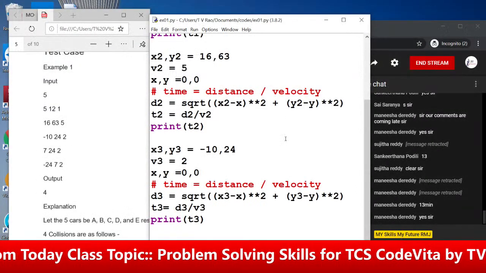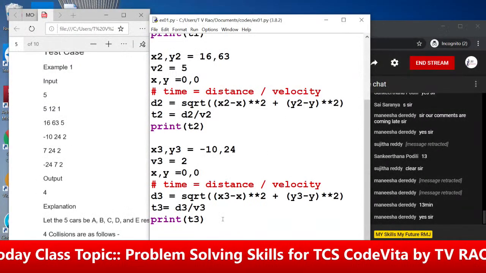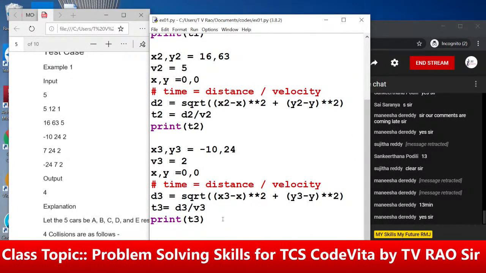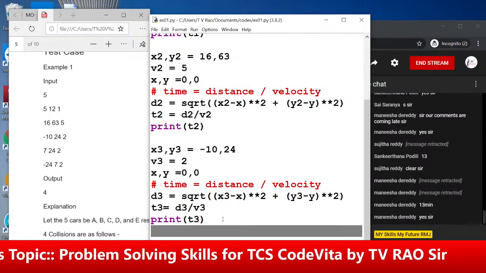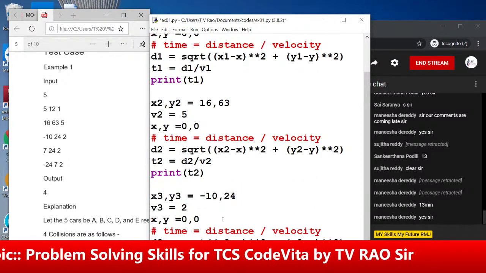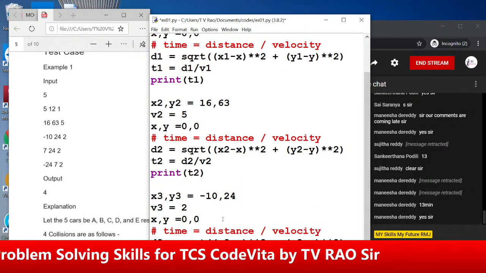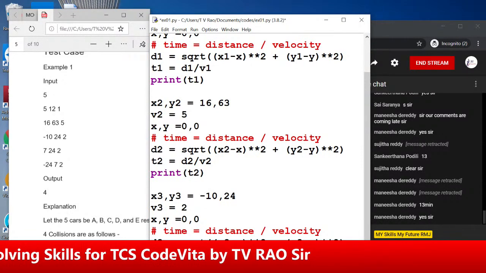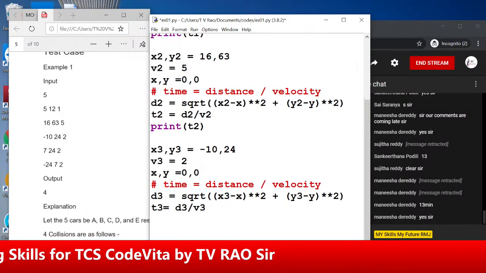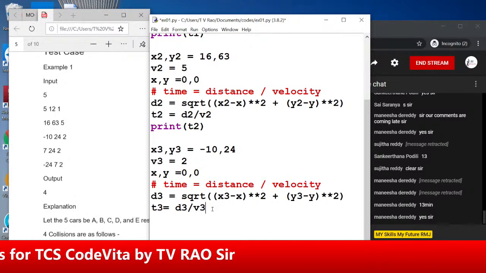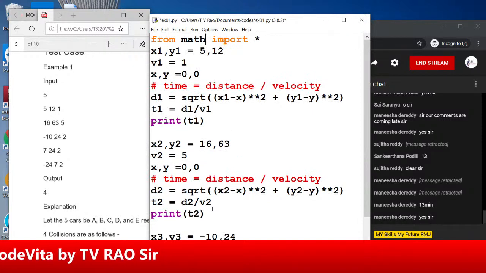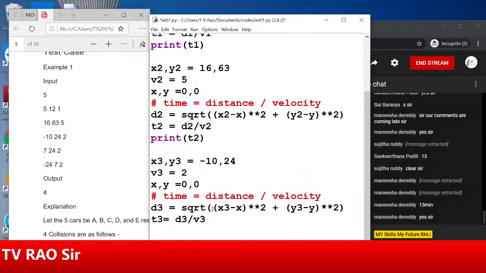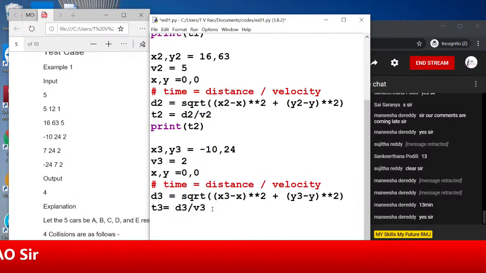Why are we getting 4 values? This is t3, this is t2, so this is t3.